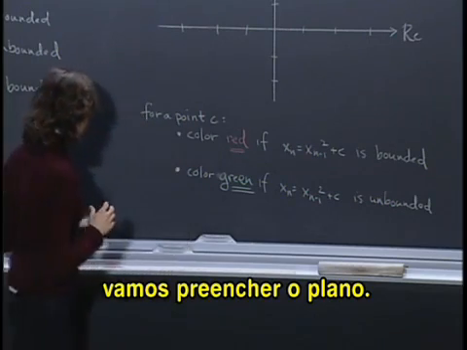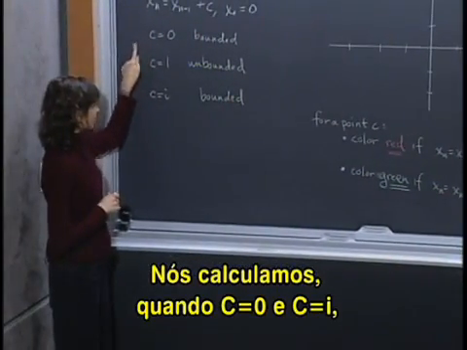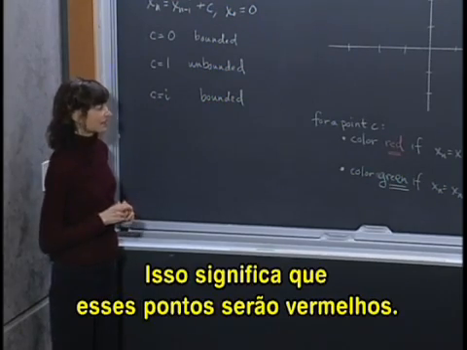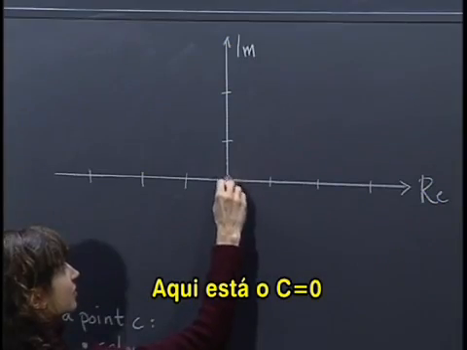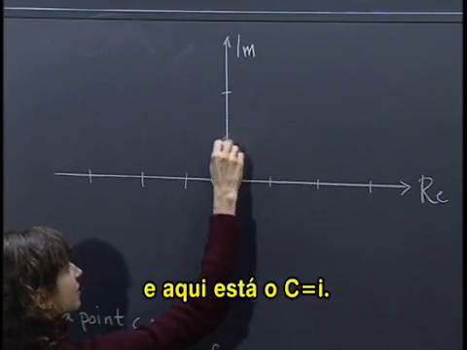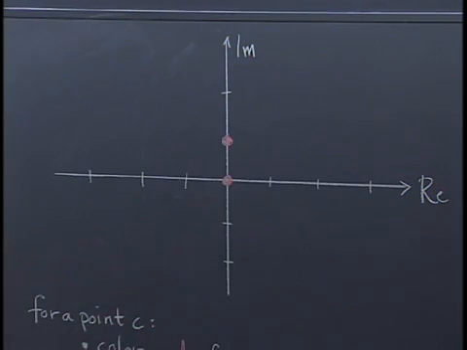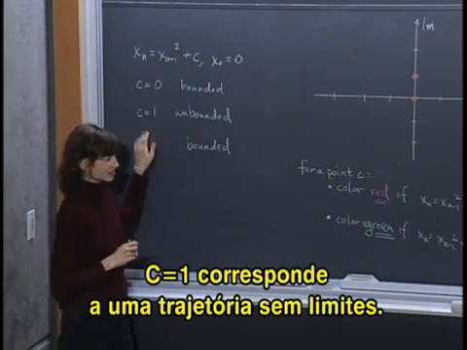Let's fill them in. We found that when c equals 0 and c equals i, these trajectories were bounded. That means we'll color these points in red. Here's c equals 0, and here is c equals i. c equals 1 corresponded to an unbounded trajectory.